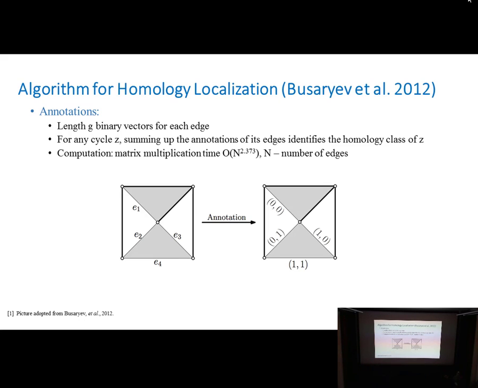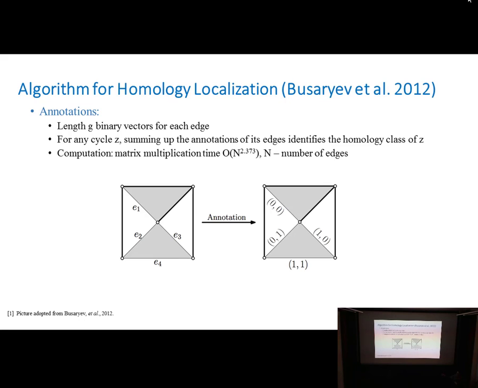Okay, this is not unique, but you have to give an assignment to all of the edges. And the requirement is, if you follow any cycle in this simplicial complex, and then sum up all the annotations, the resulting annotation will help you identify the homology class of this cycle. Right? For example, in this case, if I follow this cycle, and the ones without annotation are just zeros, then I will have a cycle with annotation 1, 0.